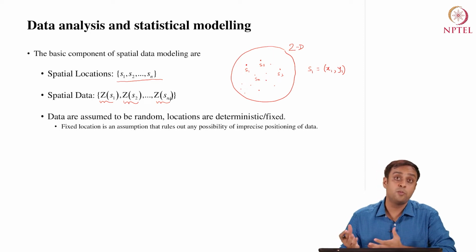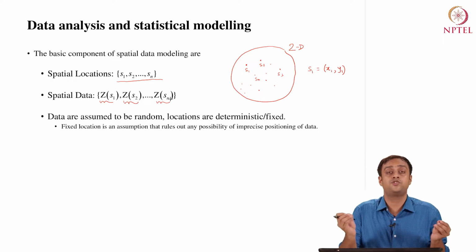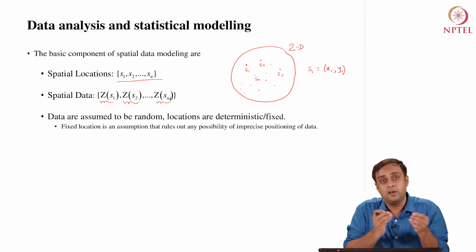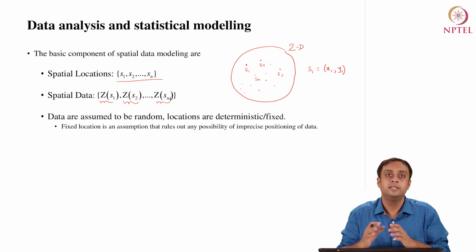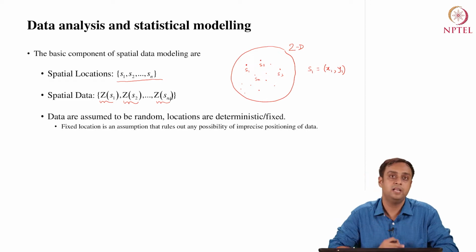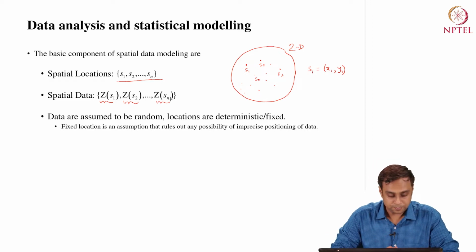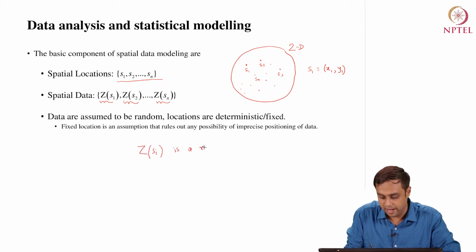And data are assumed to be random. So at each location, what we assume is that you could observe a range of values of z, and this range can be characterized by a probability distribution function, right? This is something we will cover in more detail later today or in the next lecture. But the idea is that z(Si) is itself a random variable, right?